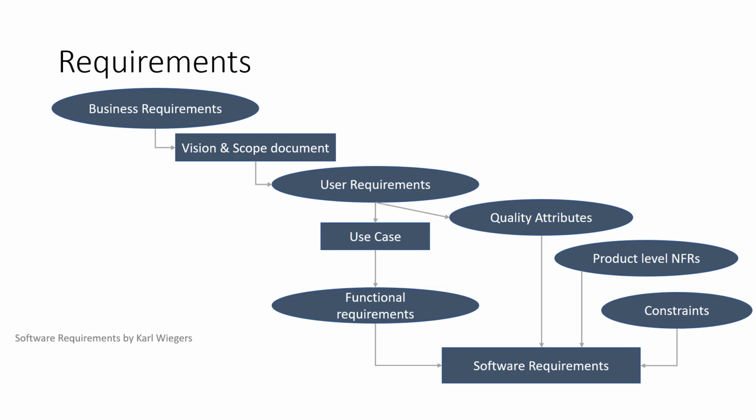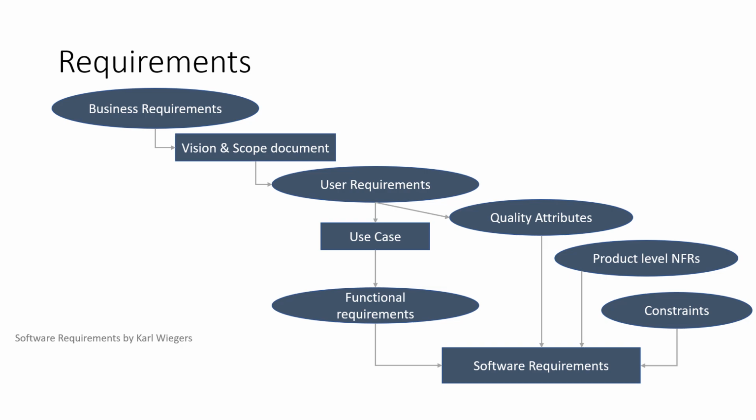So there are business requirements that define the business problems to be solved or the business opportunities to be addressed by the software product. In general, the business requirements define why the software product is being developed. Business requirements are typically stated in terms of objectives of the customer or the organization who is requesting the development of the software.